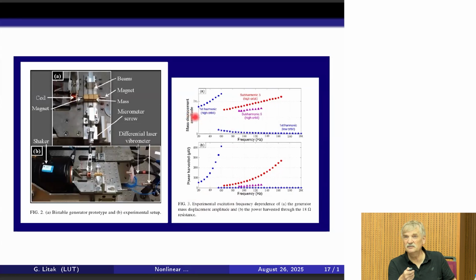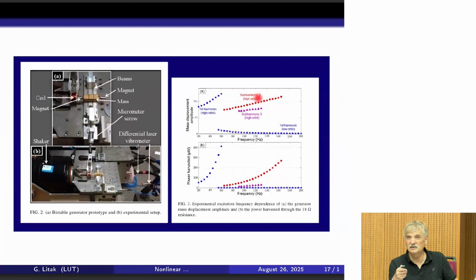This is the leading solution, which you can find for the basic frequency given to the system by excitation, because the system was excited periodically, like before on the frame. And here there are some other branches.